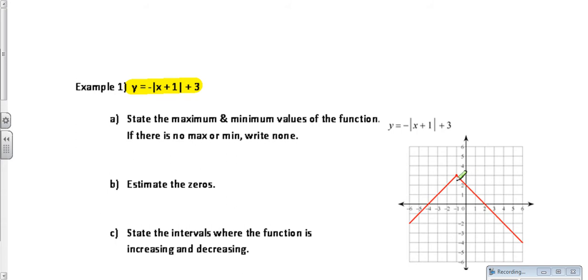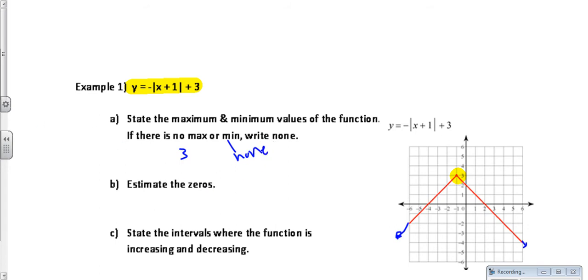The maximum is found at -1, but the actual maximum value is 3. Now the line keeps going down to infinity in both directions, so it will never have a true minimum. So max is 3, min is none.